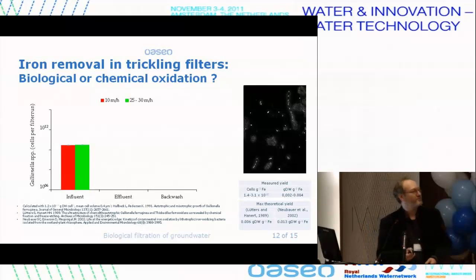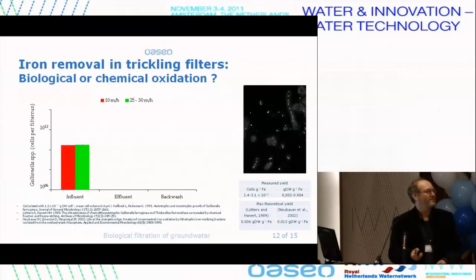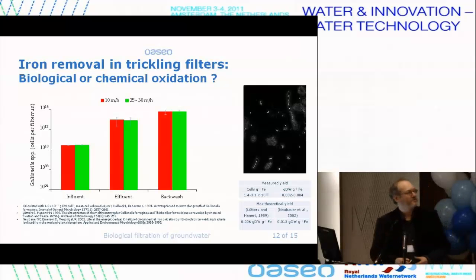But then when you go to the effluent and the backwash water, also accumulated over one filter run time, you see that it is again a factor 100 to a factor 1,000 higher than the number of Gallionella coming in. So you see a very clear increase in Gallionella in these filters. And when you relate it to literature, you can indicate that about a quarter to half of the iron oxidation has been done biologically in these filters.